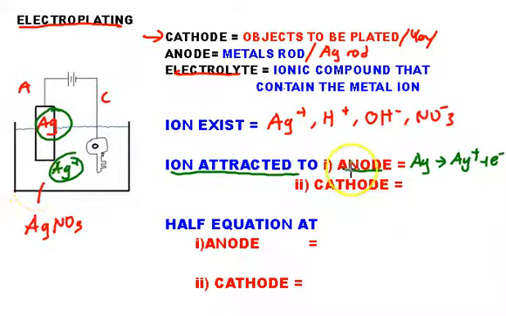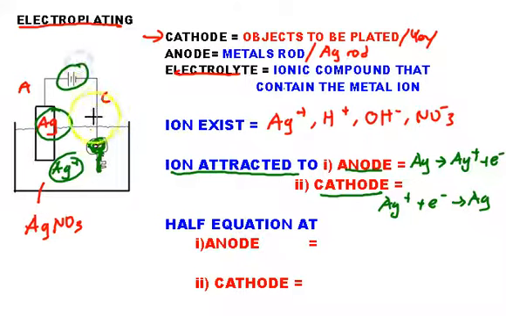At the cathode, argentum ions absorb electrons to form the metal. So the whole key will be plated with silver, and it takes some time depending on the power supply.